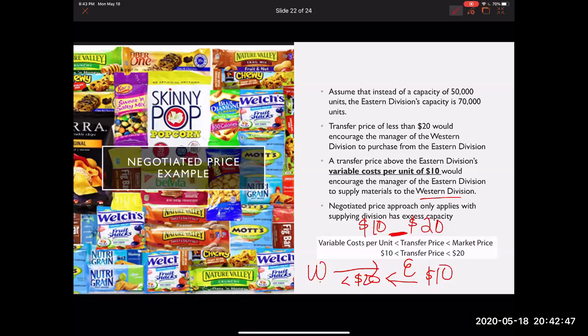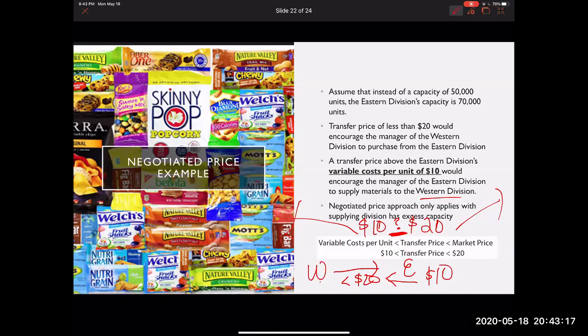Otherwise, they're not going to be persuaded to do business with each other, because one will go to the outside vendor, or the other will say, never mind, I'm not going to sell it for less than $10, that's my at-cost price. So if it's 11, 15, or 17, it's a win for both of them.